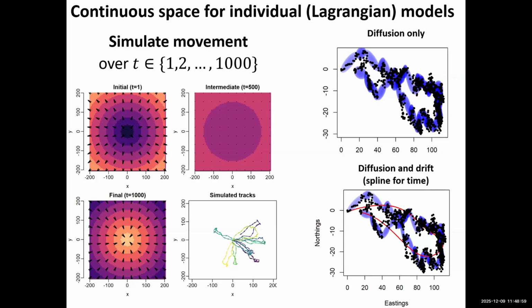And so doing this, you can simulate a bunch of tracks where they go out on a 100 time foraging interval. If you've got good data, you can fit that with diffusion only as a state space model, or you can do it with a drift term as a spline. The point being that you can generically deal with that advection piece with splines if you don't have any better idea about how to do it.